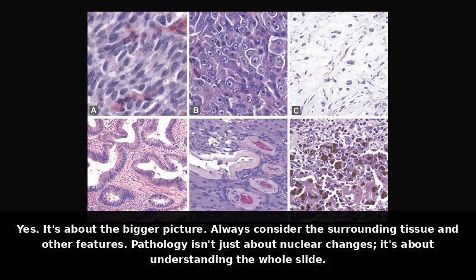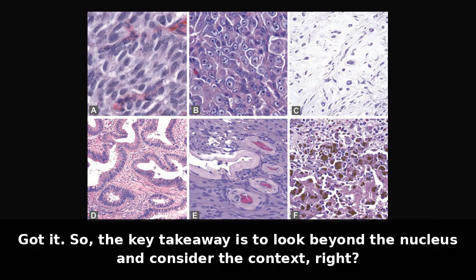Always consider the surrounding tissue and other features. Pathology isn't just about nuclear changes. It's about understanding the whole slide. Got it. So the key takeaway is to look beyond the nucleus and consider the context, right?